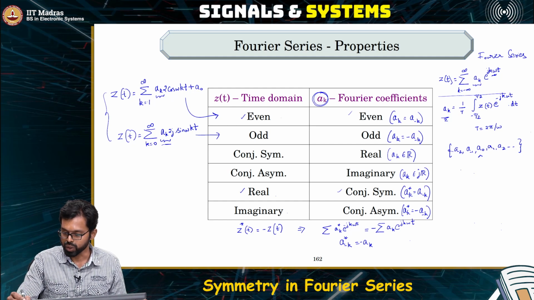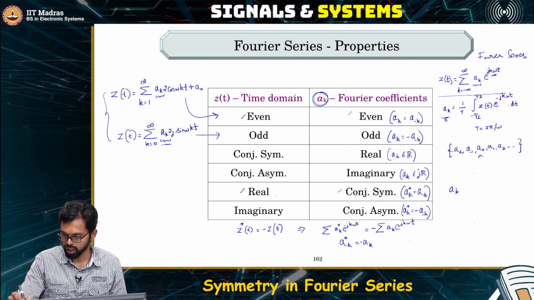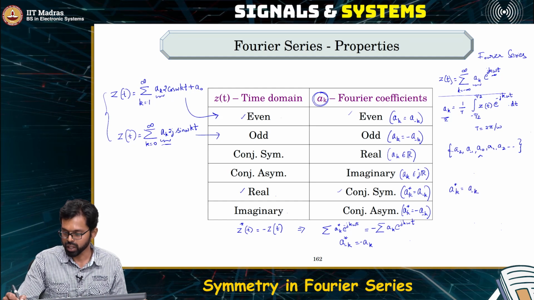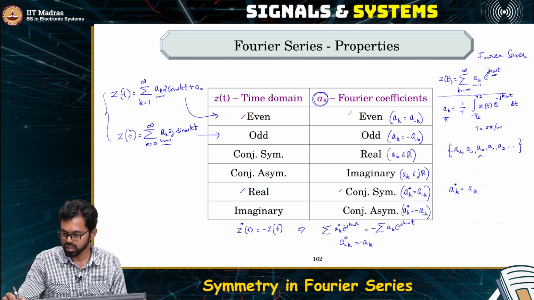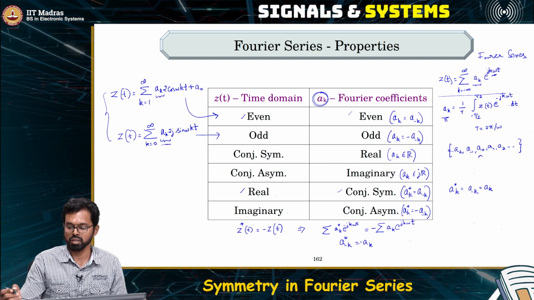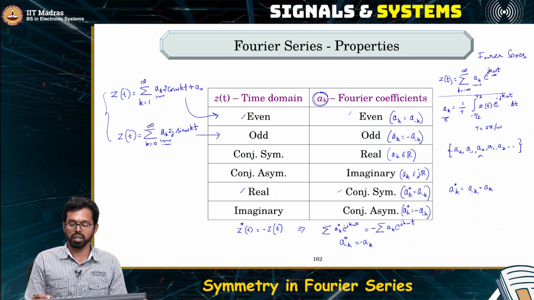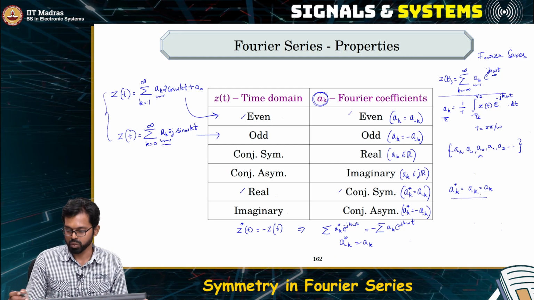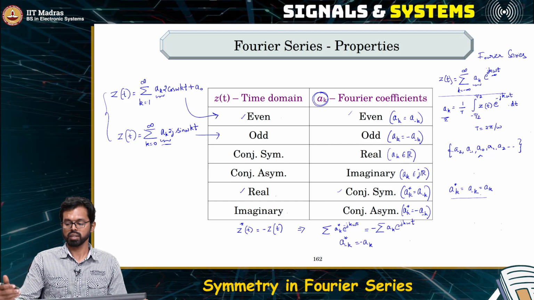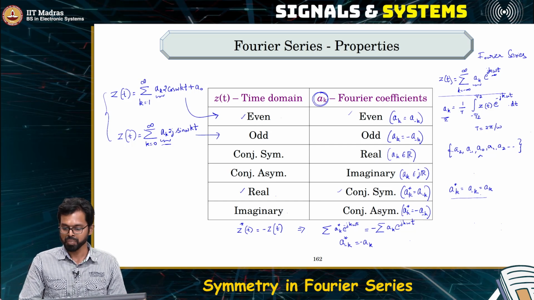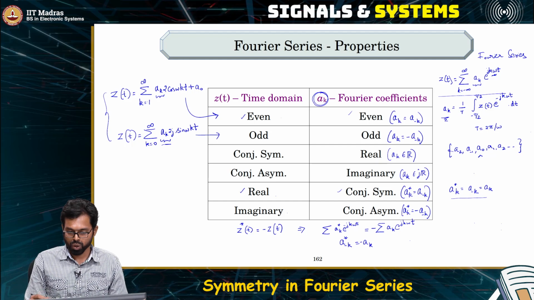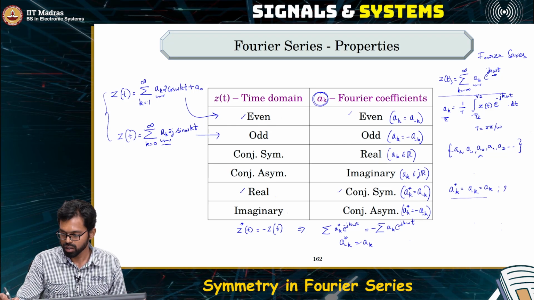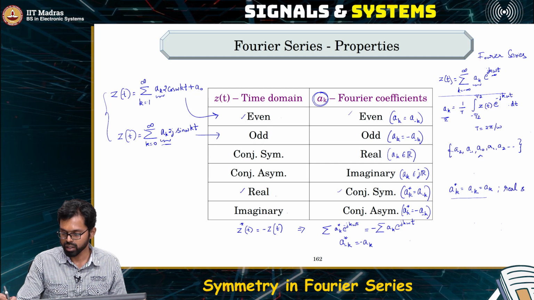In other words, you can say that ak is equal to a minus k, but a minus k according to this is ak. So when something is real and even, we have this interesting property where the conjugate is equal to ak, which means the Fourier series coefficient for real and even is also real and even.